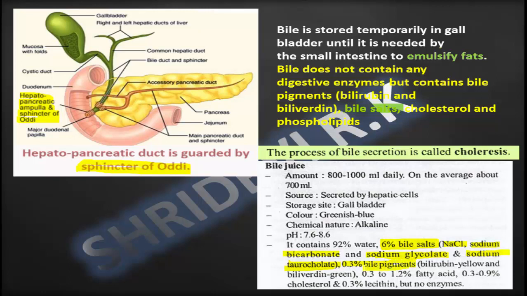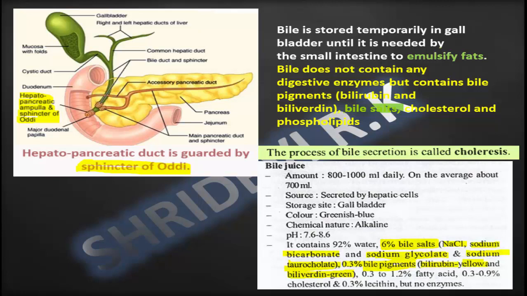0.3% are the bile pigments. It is bilirubin, which is yellow in color, and see, the salt percentage is 6 and pigment percentage is 0.3. Bilirubin is yellow in color and biliviridin is green in color. In jaundice, if a human is suffering from jaundice, the body becomes yellow. That is because of hypersecretion of bile juice.